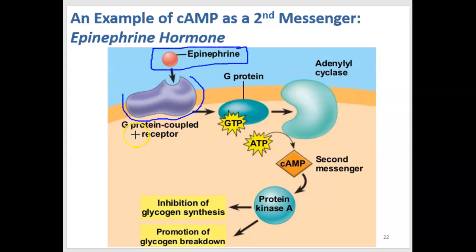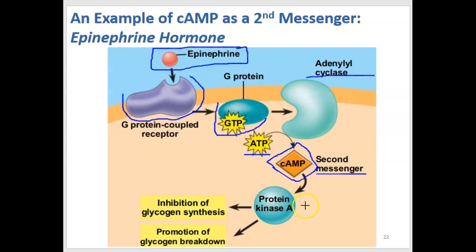That cell surface receptor is linked to a G protein. Now that G protein is activated, and in turn it activates a neighboring enzyme, adenylyl cyclase, which converts ATP to cyclic AMP. We now have a molecule inside the cell that can act as a messenger.